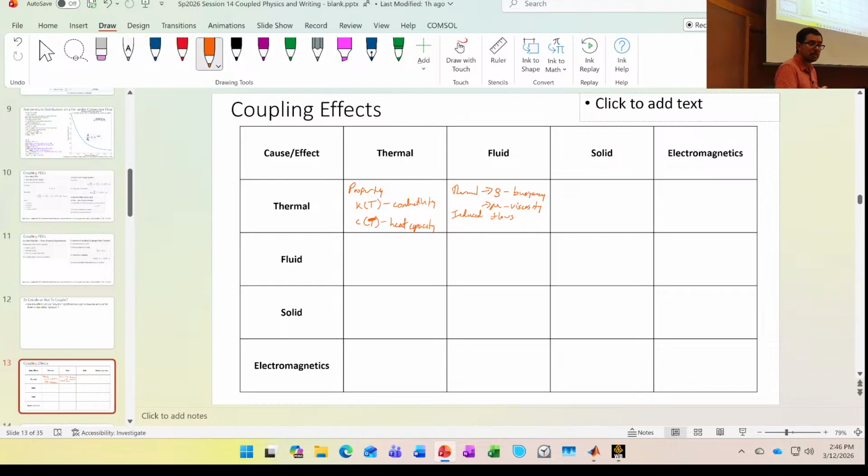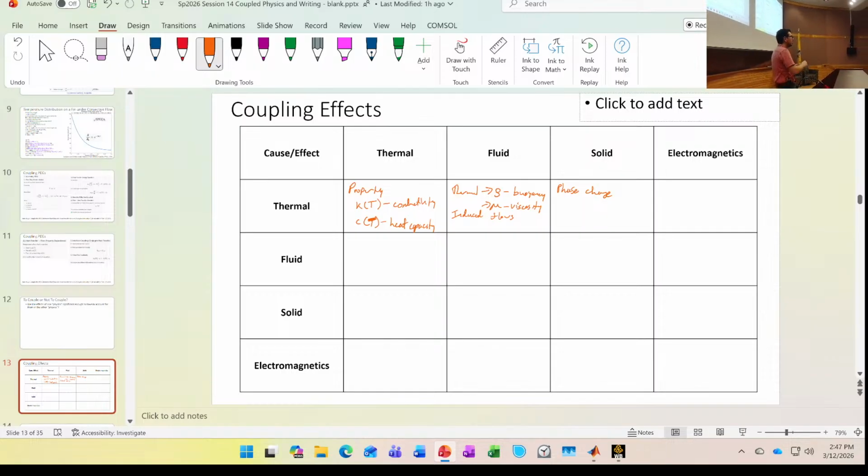How can a thermal system beat up on a solid system? How do thermal physics affect solid mechanics? Okay, so you could have phase change. What are some of the properties that can be influenced by heat? Strengthened or weakened, okay.